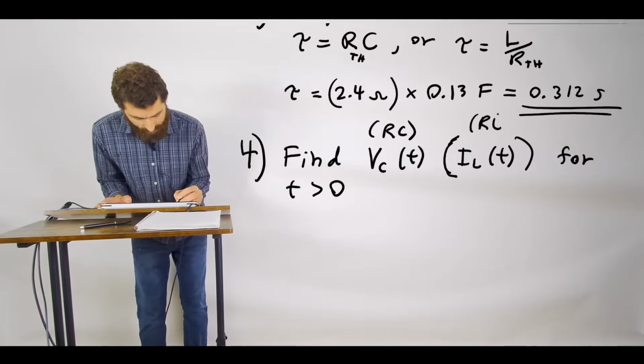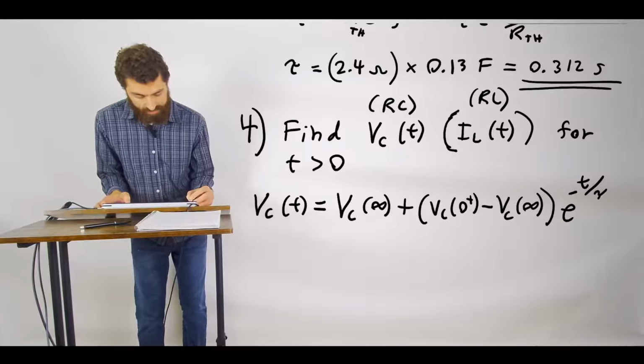And the formula that you use to, in general, find out the voltage or current as a function of time is this. So if you're dealing with capacitors, it would be this. VC of t is equal to VC of infinity plus VC of 0 plus minus VC of infinity, and that whole thing times an exponential e to the minus t over tau.